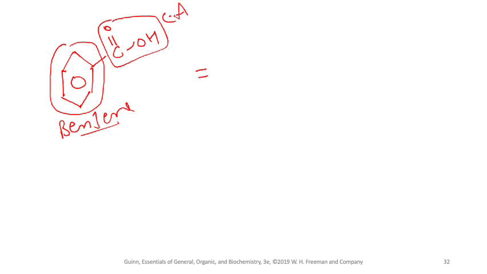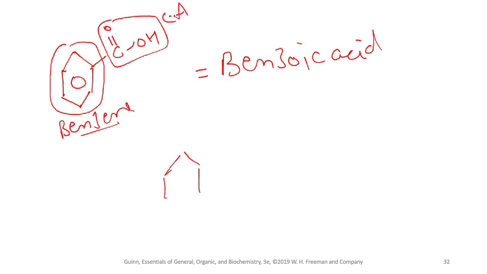So if a carboxylic acid is present on the benzene, we have a name called benzoic acid, right? So if we know benzoic acid, and I draw this structure, benzene, and you have COOH, and if you remember, the time I write COOH it is also a carboxylic acid, right?